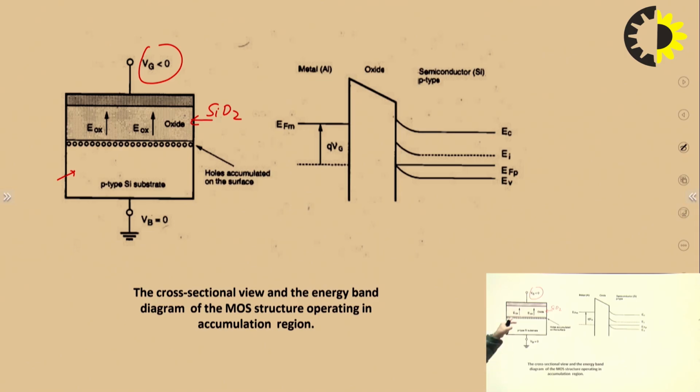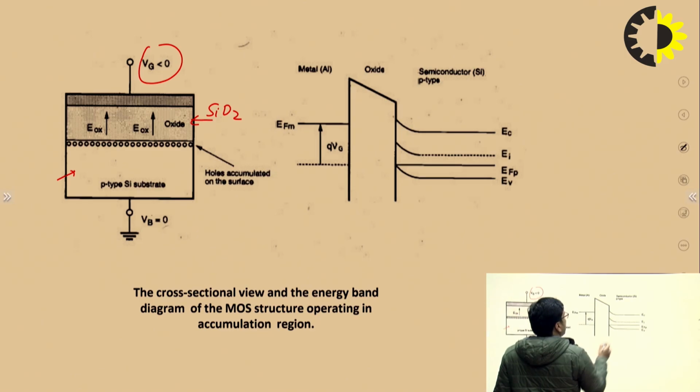This electric field raises the Fermi energy level in the metallic layer. Initially it has this location. After applying the negative voltage at the gate terminal, the Fermi level shifts in the upward direction. That's why this slope is converted to the upward direction.